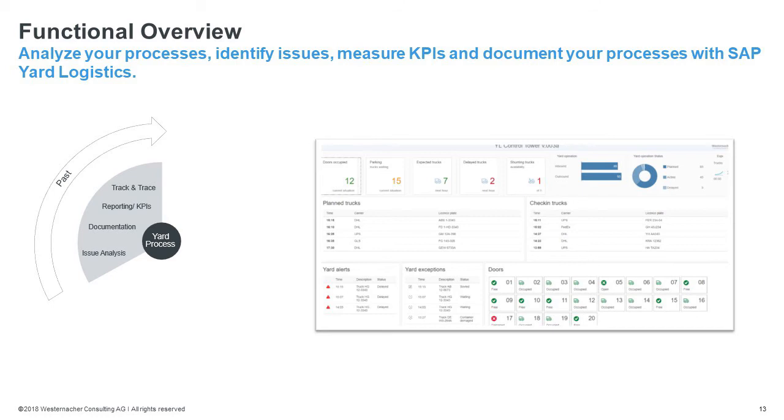Very important for the past is also to have proper documentation. We see a lot of customers that are still running on paper. They document everything on paper, but coming to digitalization, we of course want to avoid that. So we have the possibility to upload pictures.